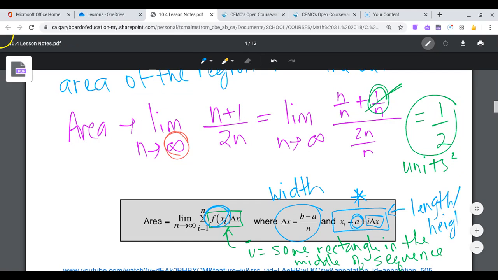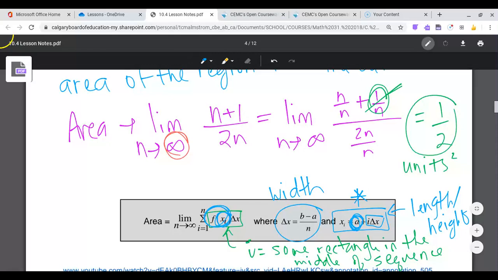In our example, a was 0, so it was kind of irrelevant. We just had f of 2/5, f of 3/5, f of 4/5. But if a hadn't been 0, we would have had to add that in first. So if a had been 1, we would have had to go 1 plus 2/5, 1 plus 3/5 to figure out where we were at for our x value in order to plug that into our function.